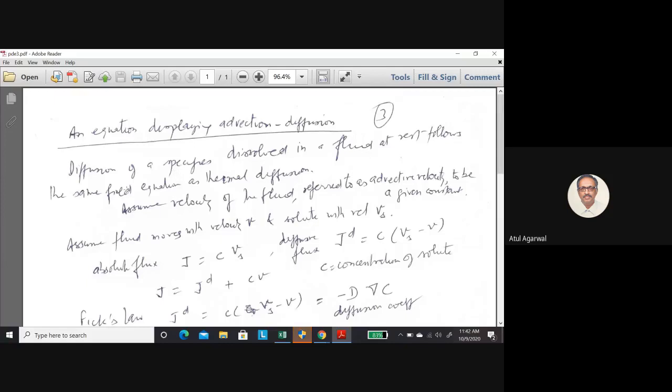Even if we say that the fluid has a constant velocity, the average velocity can be constant, but all particles have some thermal variation in velocity. That thermal variation causes diffusive effects.